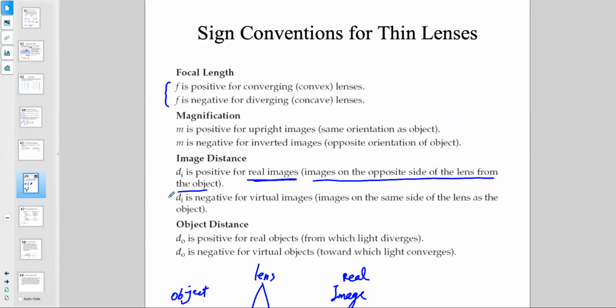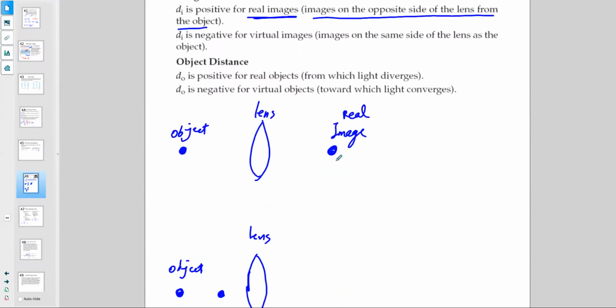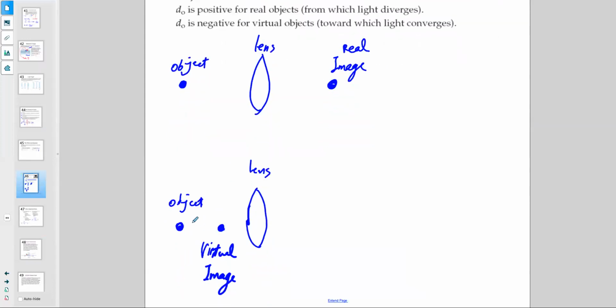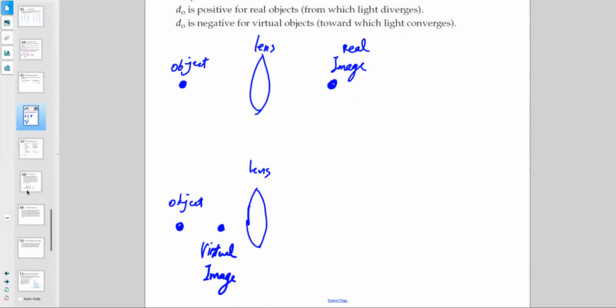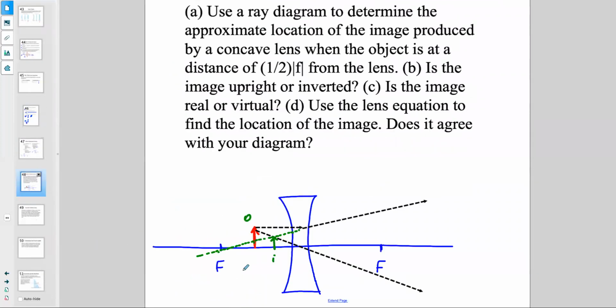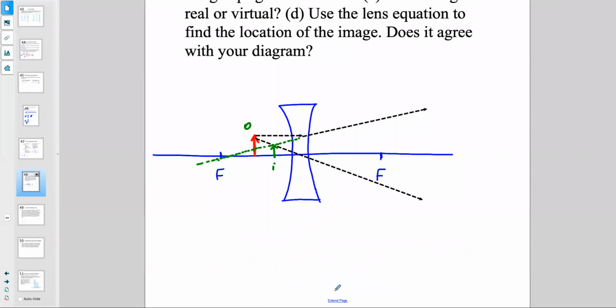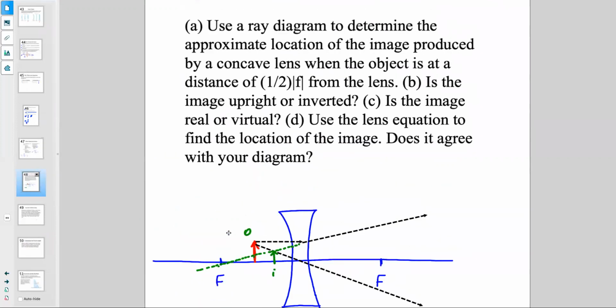And here what we have is the real image is on the other side of the lens. So the object is here, the real image is on the other side. And for the virtual image, they're in the same spot. So for our case, they're on the same side, which means it is virtual. All right, so use the lens equation to find the location of the image.